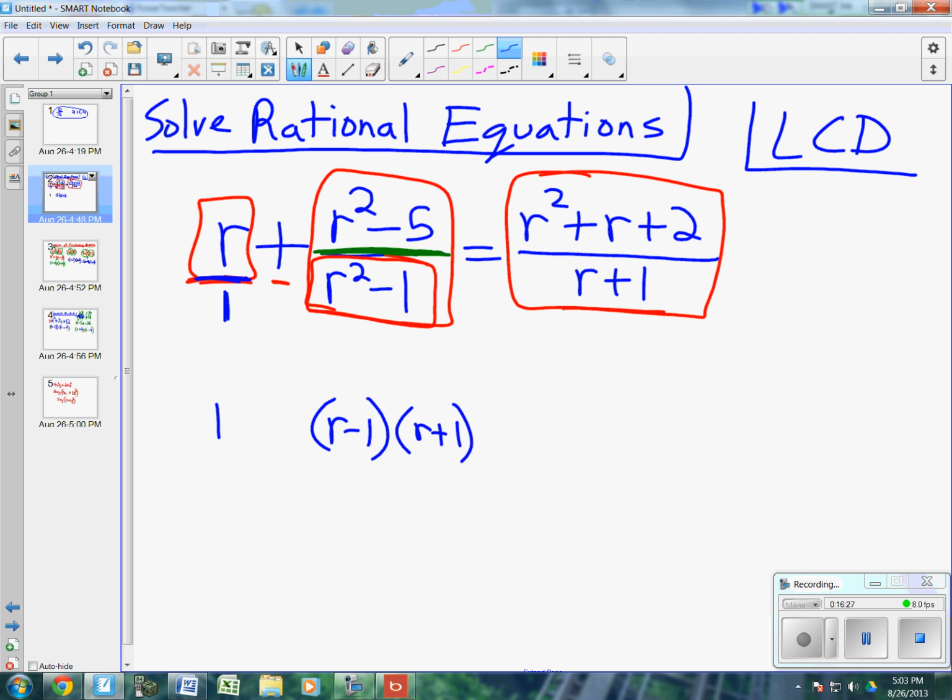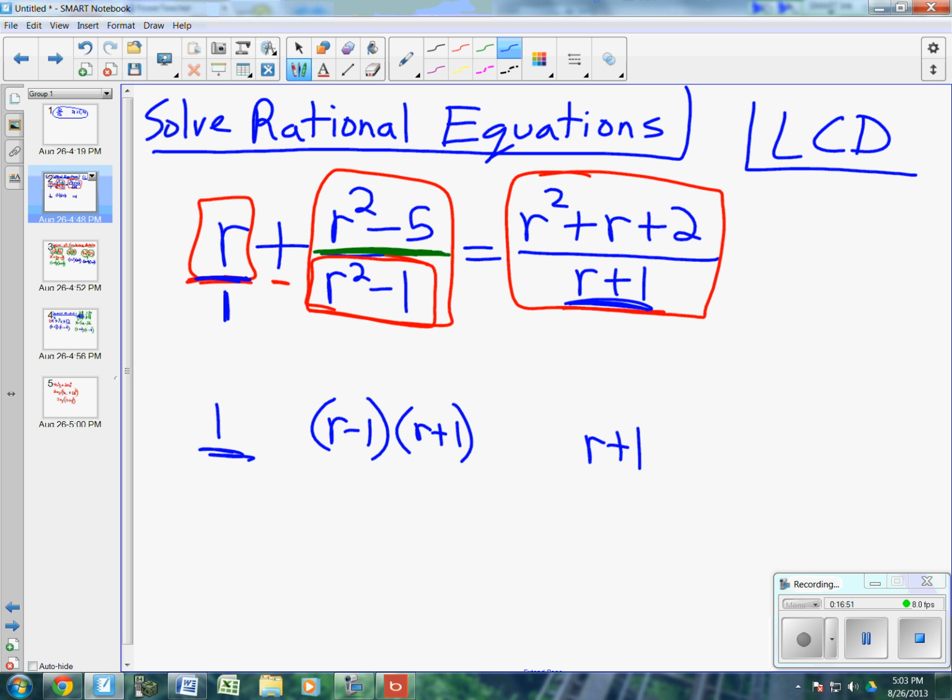Over here, this one's already factored, so I just have an r plus 1. The least common denominator is found by taking every factor that occurs, the most number of times it occurs in each term. I know that 1 occurs, but 1 isn't going to change anything because 1 divided anything is just itself.